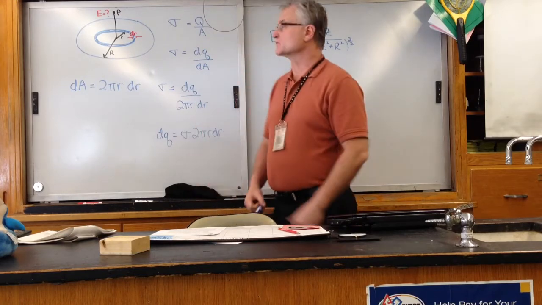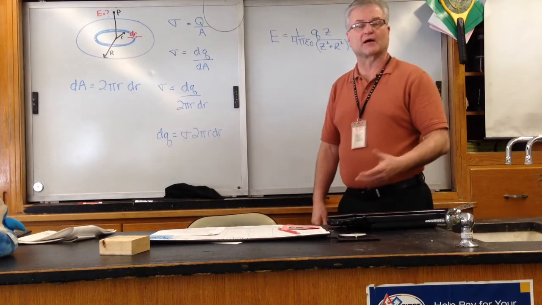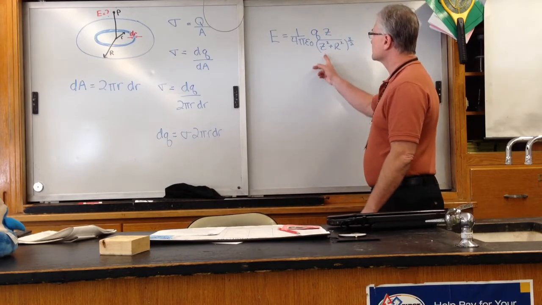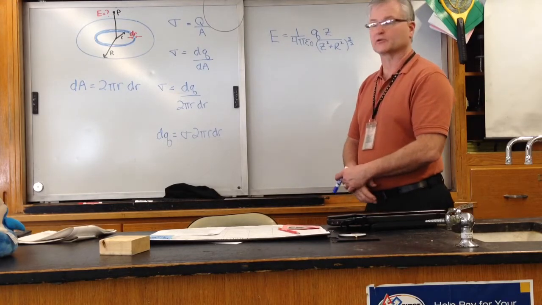So instead of starting from scratch, I wrote down the formula that we derived for that thin ring of charge, that hoop of sorts. So we can take this formula and apply it now for our new situation.